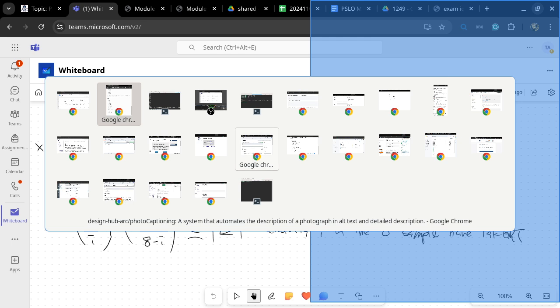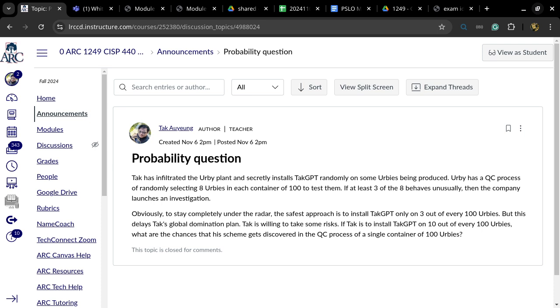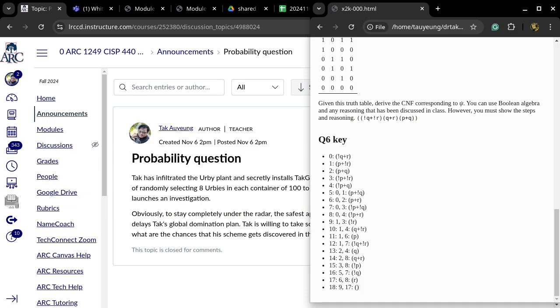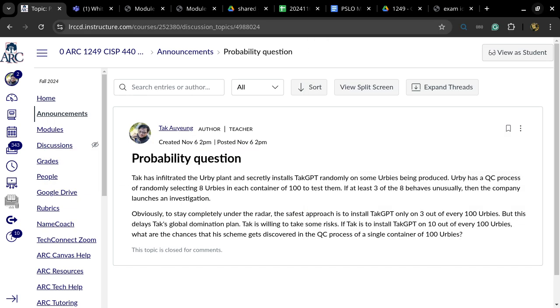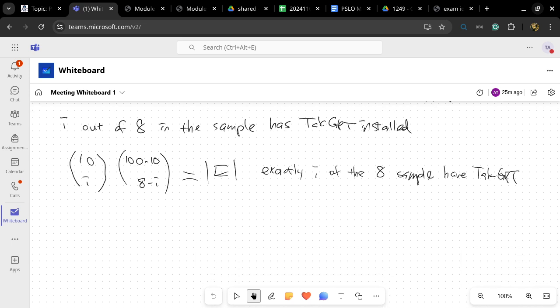Because according to the question, let me go back to the question itself. The question says, if at least 3 of the 8 behave unusually, and having tag GPT installed definitely makes it behave unusually. So in this case, we have to loop I from 3 all the way to 8. So we have to look at the sigma notation. So let me move this up a little bit. Okay.